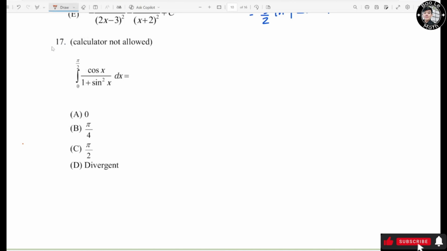Now let's move on to question 17. We need to use u substitution. So we let u equal sine s, and du equals cosine s ds. Look at the top here. Now we need to change the upper bound and lower bound. So s equals 0 and s equals pi over 2.